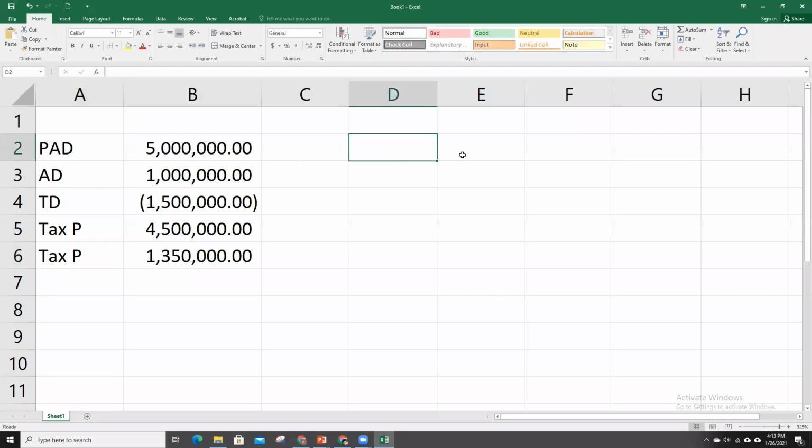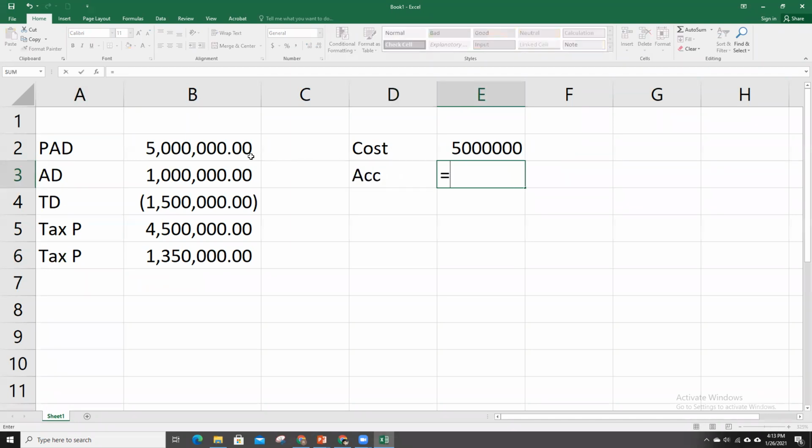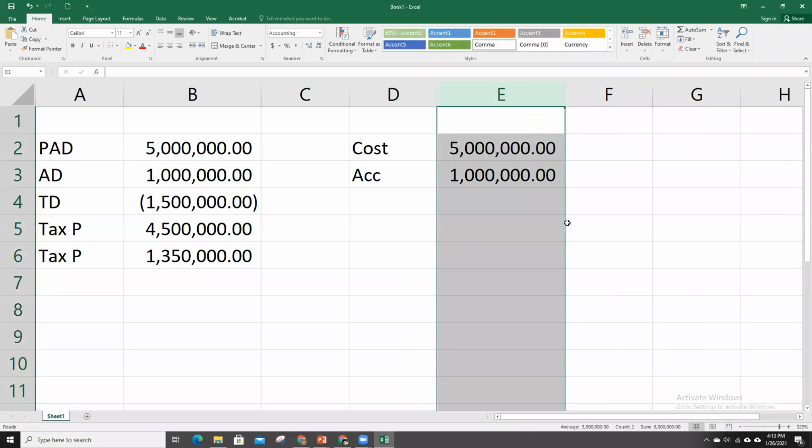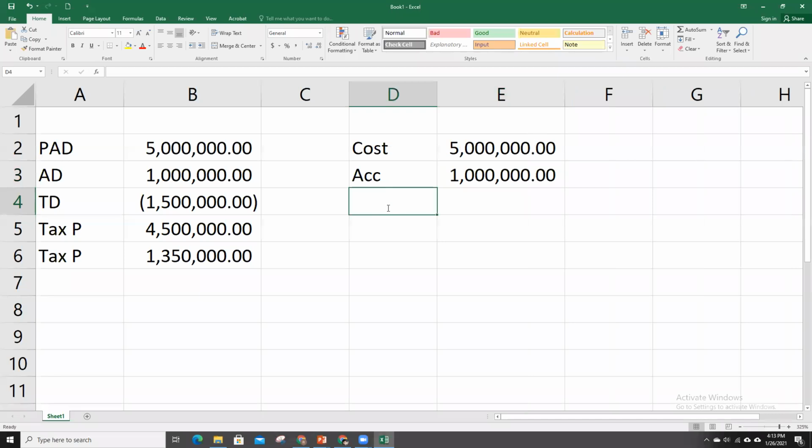Right? We know that the cost is 5 million, and accounting depreciation, how much? And carrying amount.